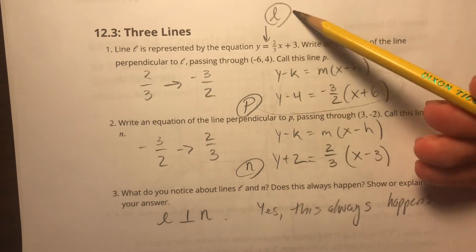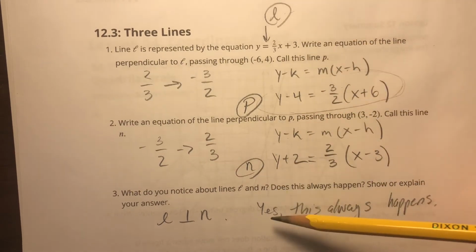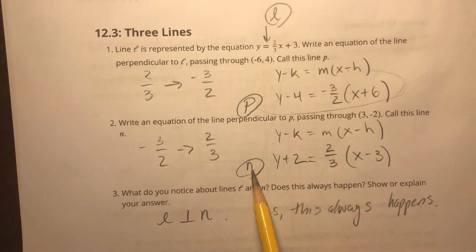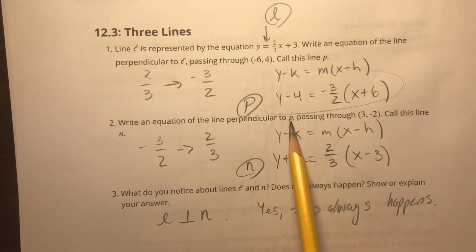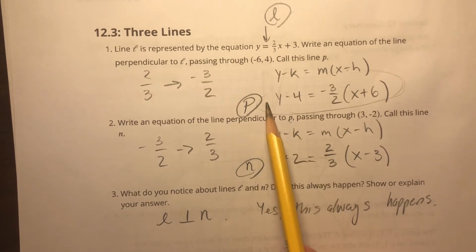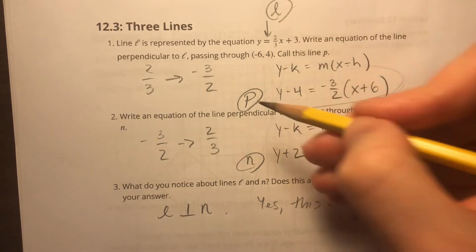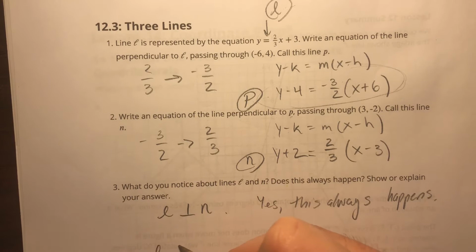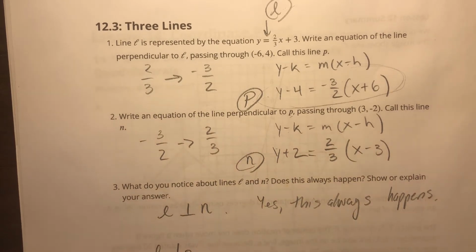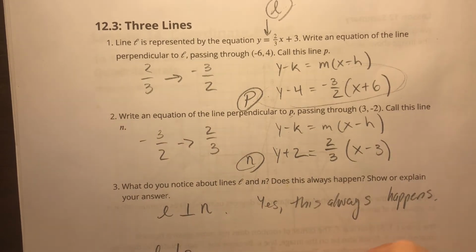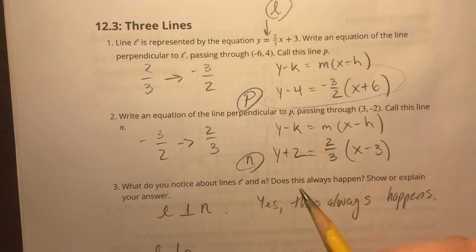So we didn't know anything about L and N in this problem. When we wrote our equation for N, they were just talking about its relationship to line P, the one that we did in number 1. So we started off knowing that L and P are perpendicular. The second part of information we found out was that P and N are perpendicular.